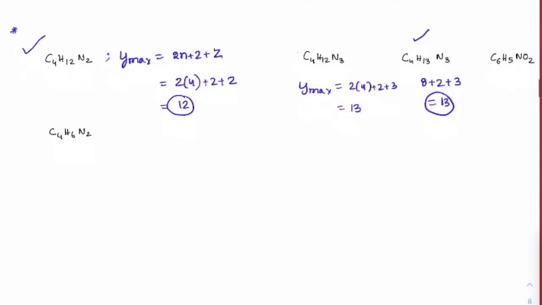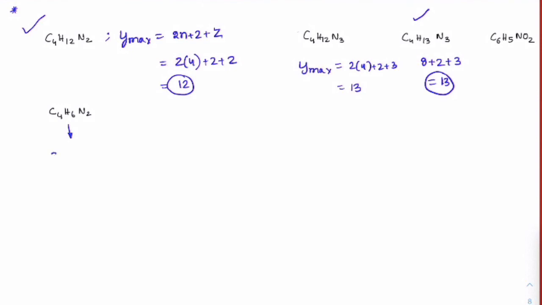Now check C4H6N2. Here also we can see 8 plus 2 plus 2, which is 12, where 6 is quite less than 12, so definitely this can exist. Anything which is exceeding that value will not exist.